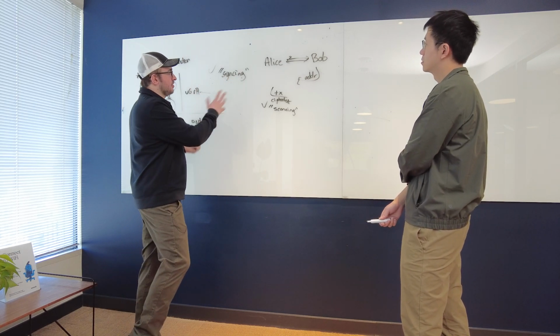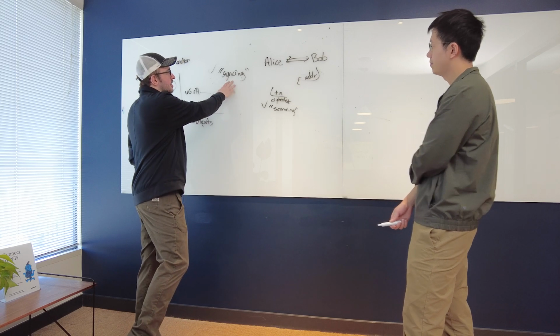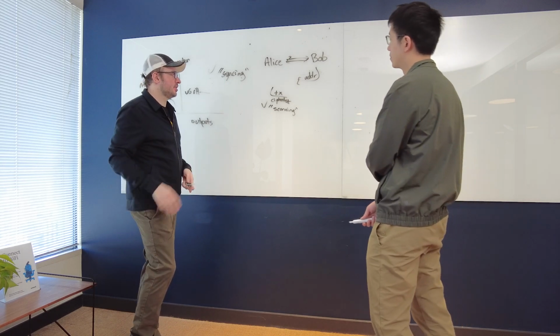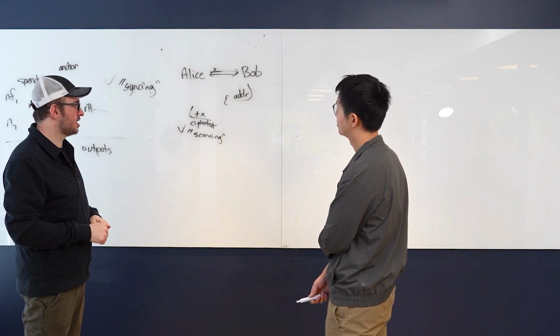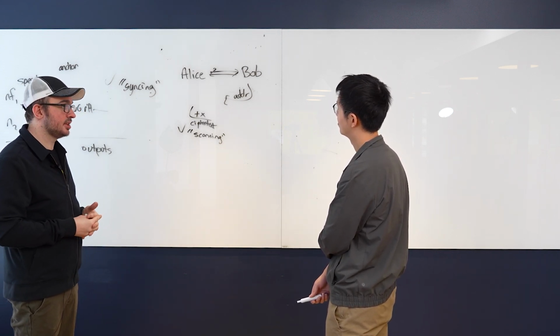However that works, and there are different ways of doing it, that is the syncing problem. And so solving these two problems is the scalability challenge for Zcash in a nutshell, basically.